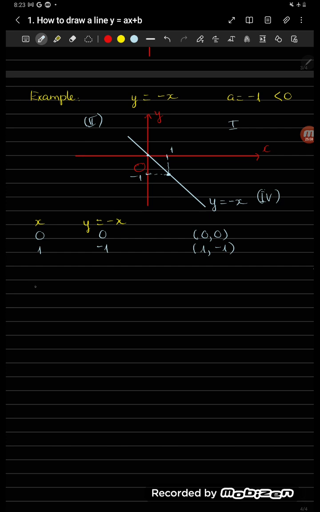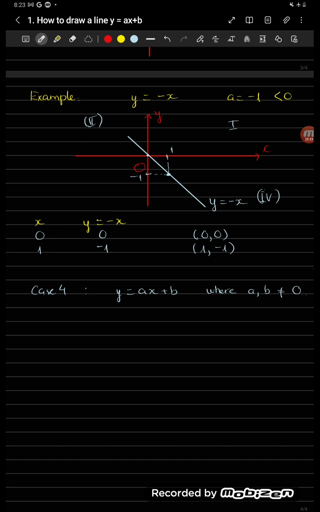So now we go to case 4, the most general form, the most complicated form. So y equal to ax plus b, where a and b are not 0. You also need 2 points.